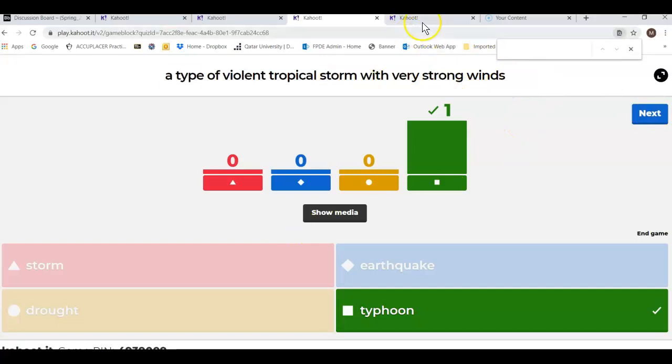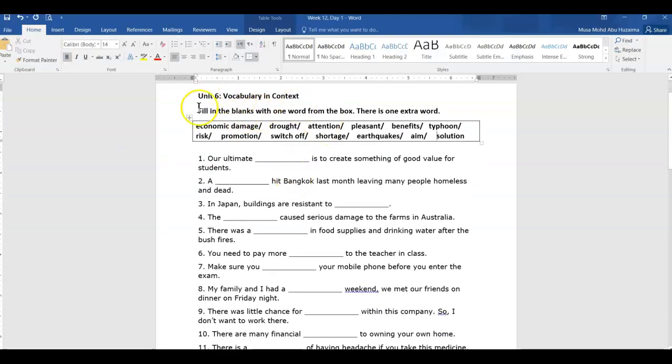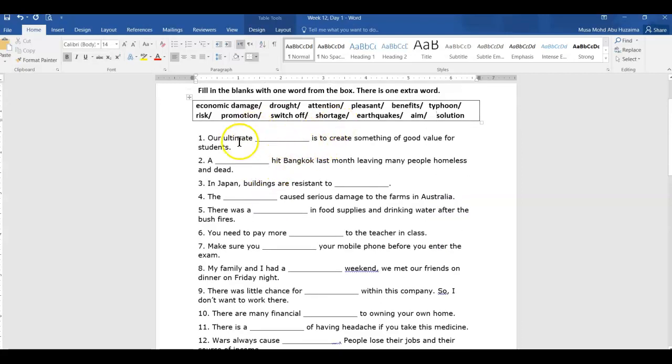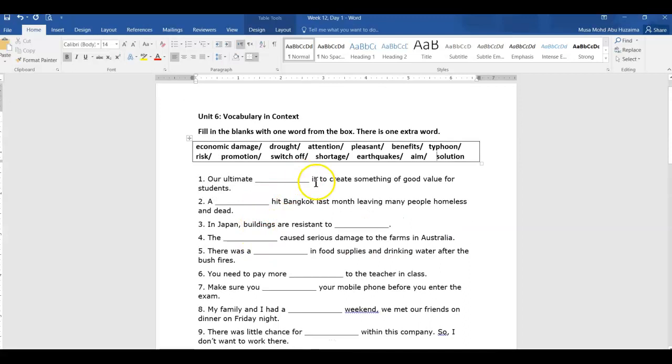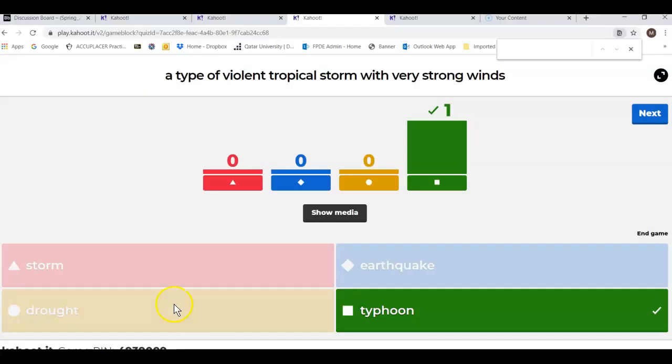Okay, so now what I need you to do after this lesson, I will email you with this homework to do, a list of vocabulary with sentences. You need to put the answers, or you can download this with the answers, put your answers here, and then upload it to the discussion board.